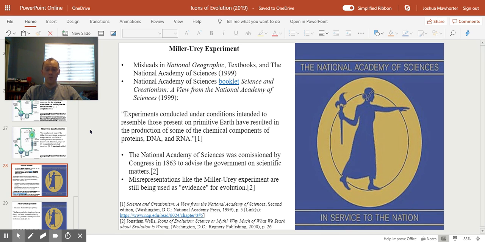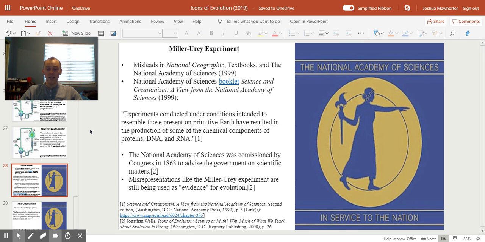To make the problem worse, the National Academy of Sciences was commissioned by Congress in 1863 to advise the government on scientific matters. Lincoln was then president, and during the Civil War the government created funding for a lot of these different types of programs.